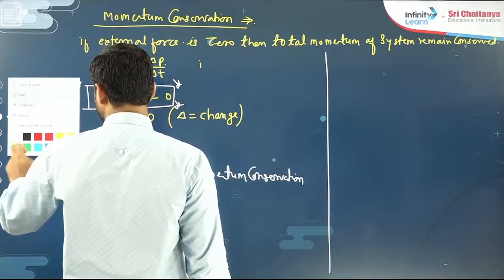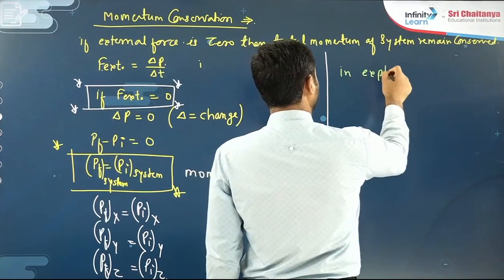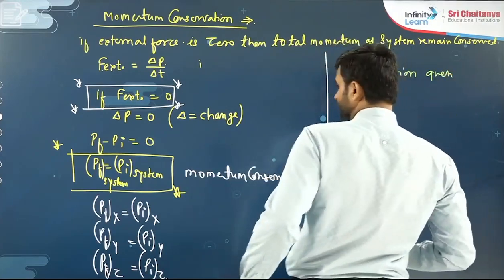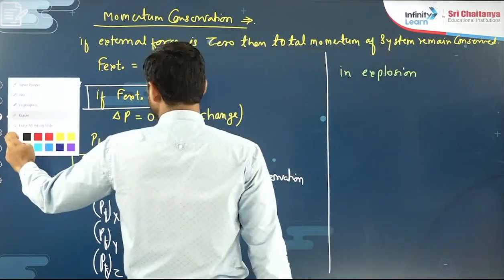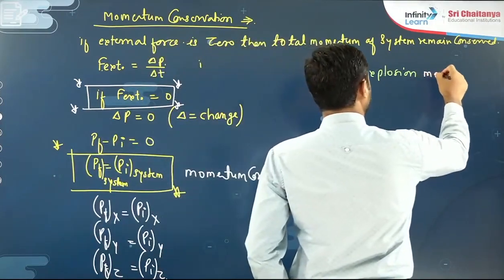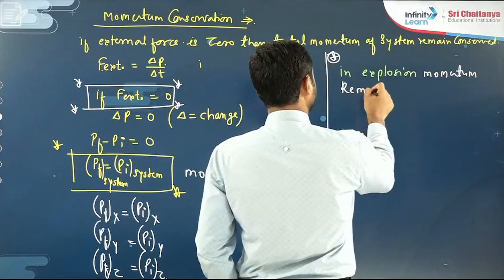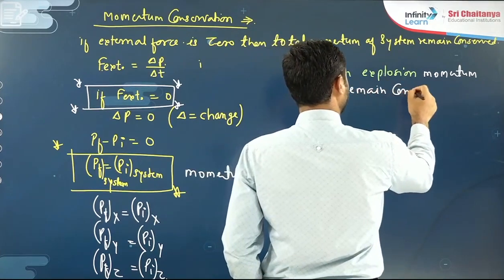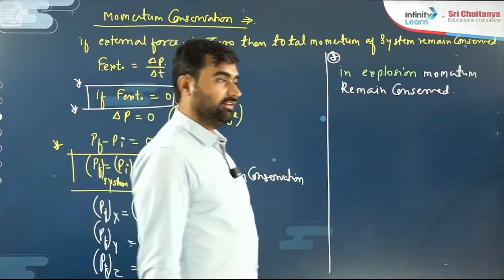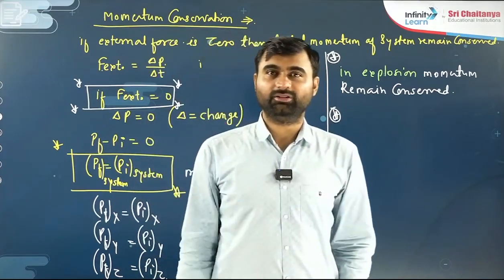Why? Because today we will solve questions. So in explosion, momentum remains conserved. Very important points these are. Second is the bullet gun problem.